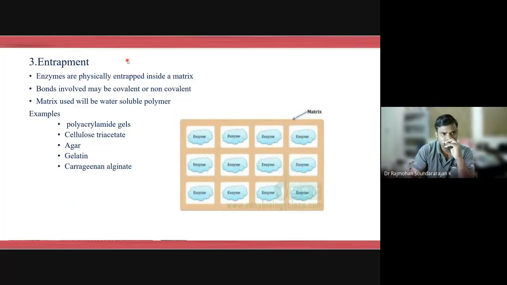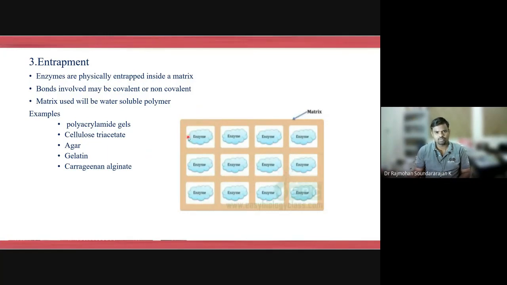And there is another method called the entrapment method. It's like how people sit in a classroom or an aeroplane. They are entrapped in their respective seats in a matrix. That is called the entrapment method. Enzymes are physically entrapped inside a matrix in this case, and the bonds involved may be covalent or non-covalent.